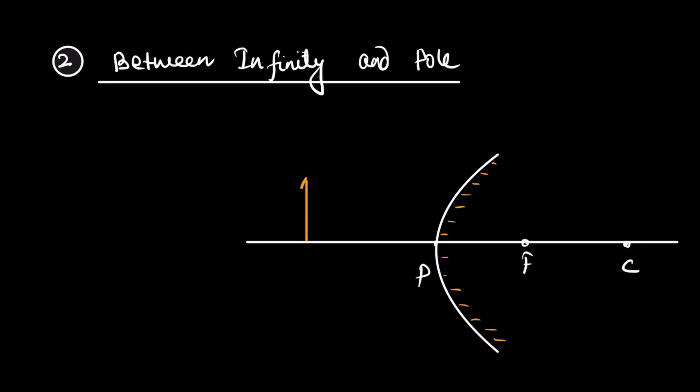Suppose we place it here. And two rays will emerge from the head. One we can take parallel to the principal axis. So as in the previous example, it will diverge and it will pass through the focus.